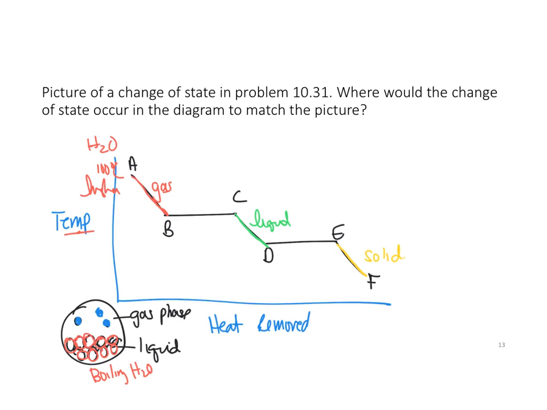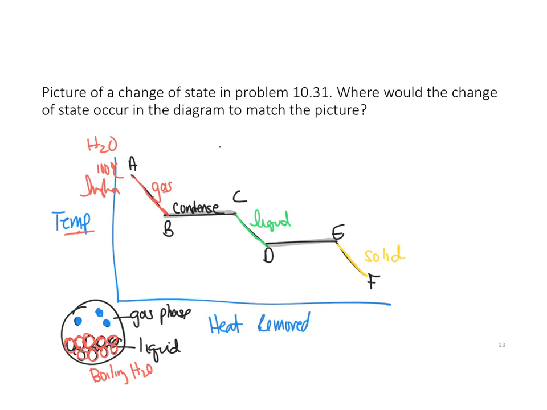So where are these at? This would be the process of going from one to the other. In this case, when you go from gas to liquid, you are condensing.